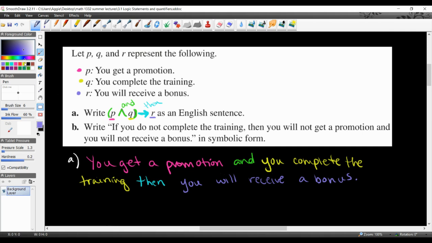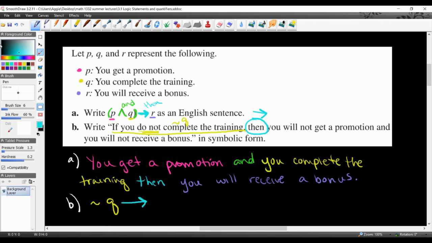That's going to be Q, but it says do not, so I have to negate that. Not Q. For letter B, we start with not Q. Then, remember then is the arrow.